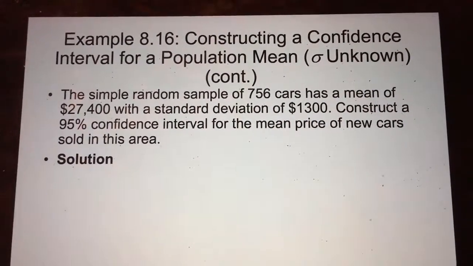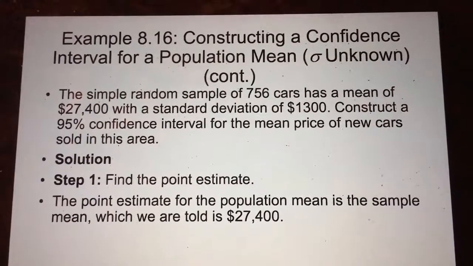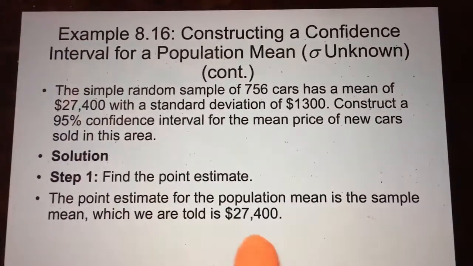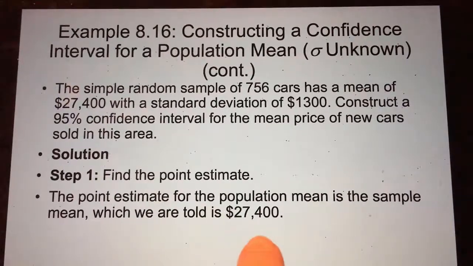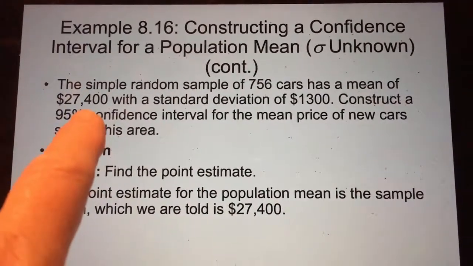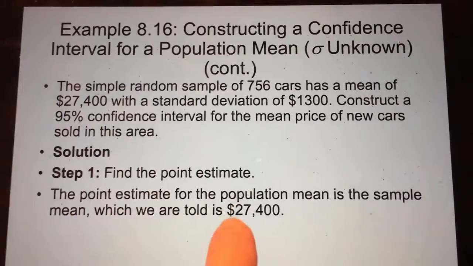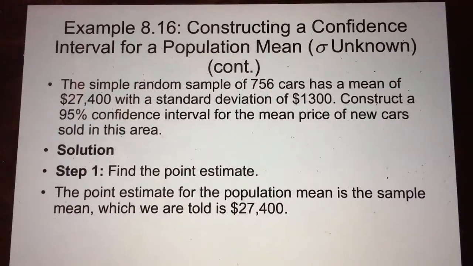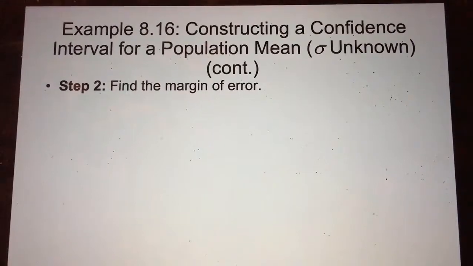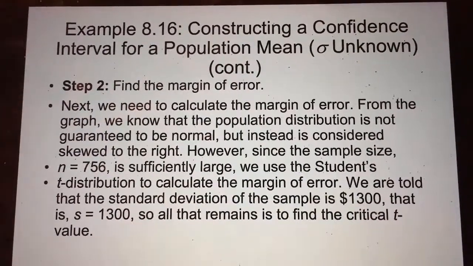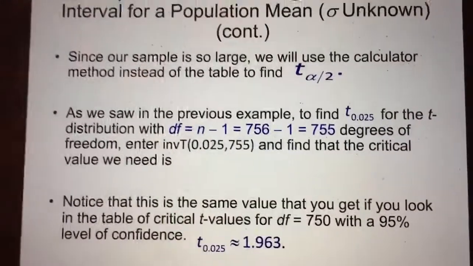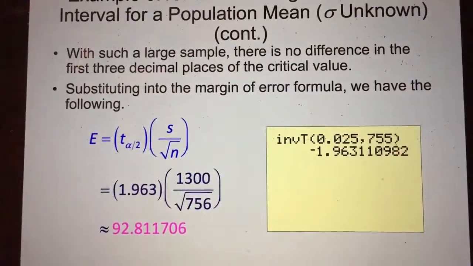So we're going to use our t-distribution, and we're going to find the point estimate, which is going to be the mean of the sample right there. They're just writing that down. And then we're going to find the margin of error, for which we are going to use the same equation we just did, and that is right there.